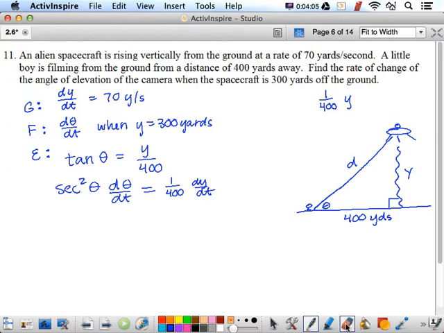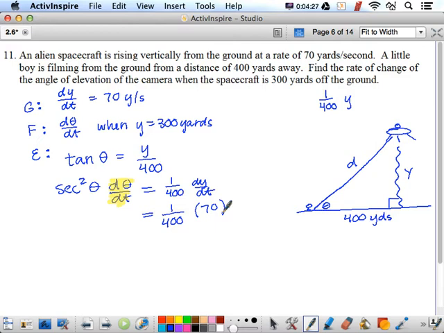All right. Here is what I am looking for. I need to plug something in. I need to find secant squared of theta, and I need to plug in dy/dt, which is great because I know dy/dt. What is it? 1/400 times 70.